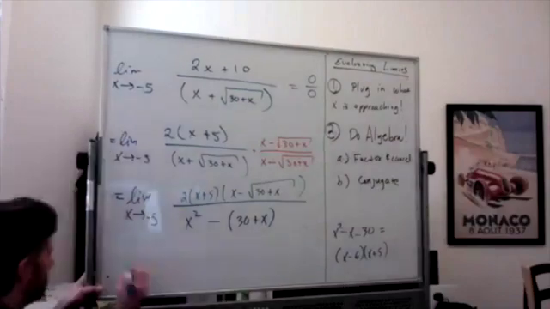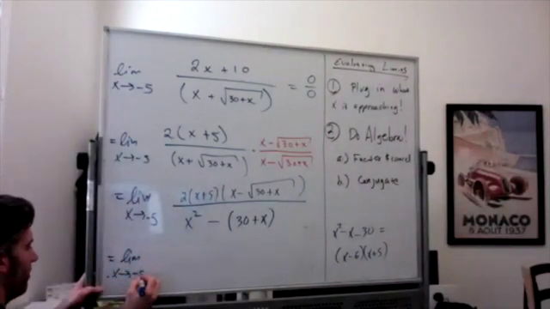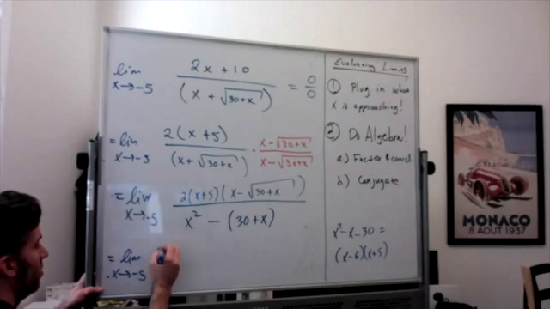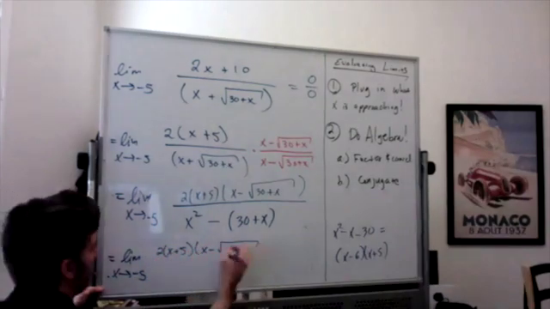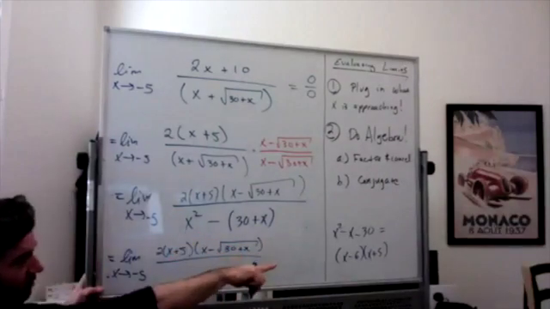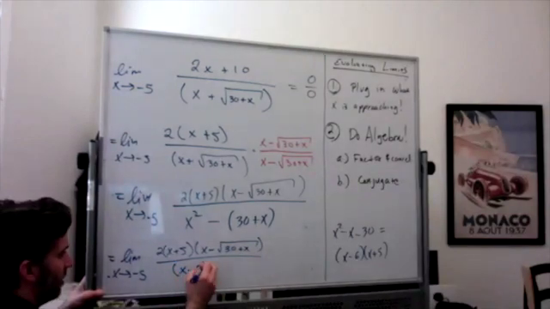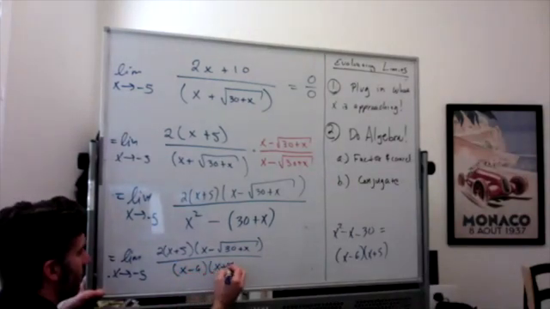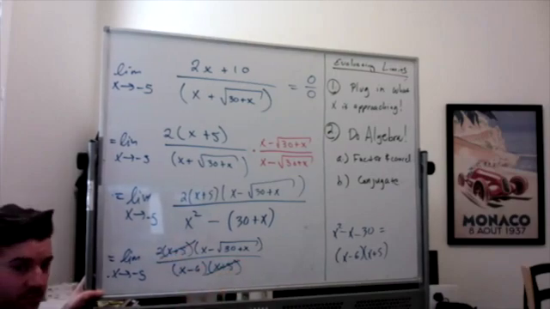So this is going to become the limit as x approaches -5 of 2 times x plus 5 times x minus the square root of 30 plus x, over, we just said that factors as x minus 6 times x plus 5. And look, the x plus 5s cancel out.